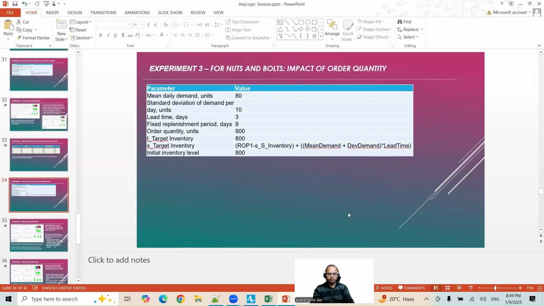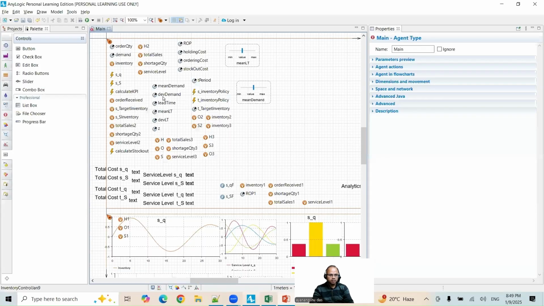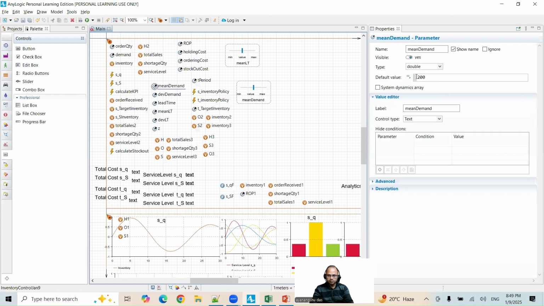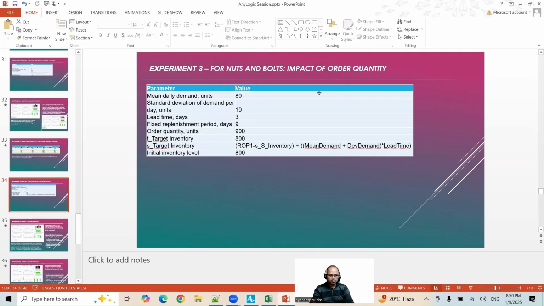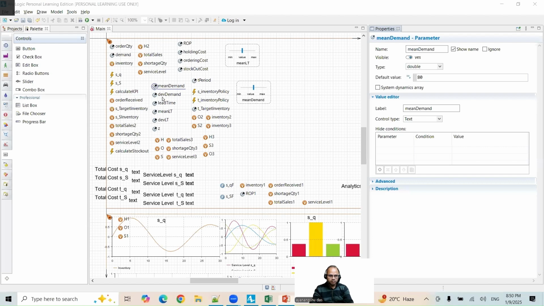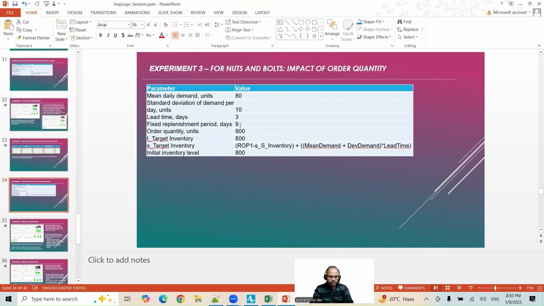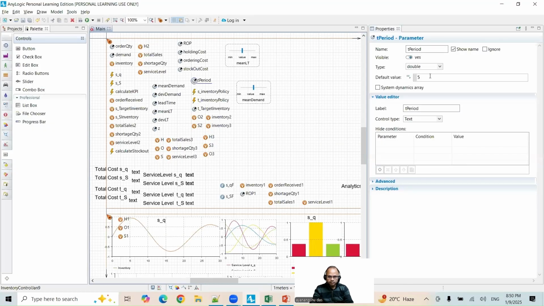We'll take another scenario where the parameters are defined in this way. So let's see, the mean demand is 80, the standard deviation is 10, and then the lead time is 3 days. So mean lead time is 3, and then the fixed replenishment is 9 days.